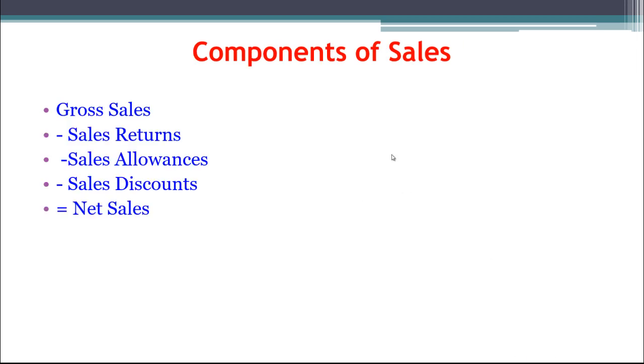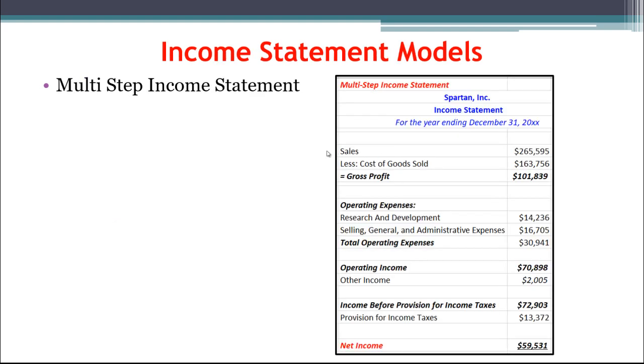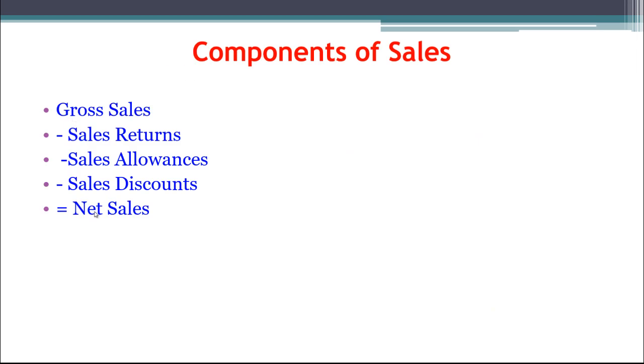Now we're going to move on to the components of that sales figure that we were talking about. Notice up here, we just said sales in general. We didn't really use the term gross or net. In reality, a company needs to know the difference between gross and net sales. Gross sales are the actual total dollar amounts that were on the ticket, so to speak.